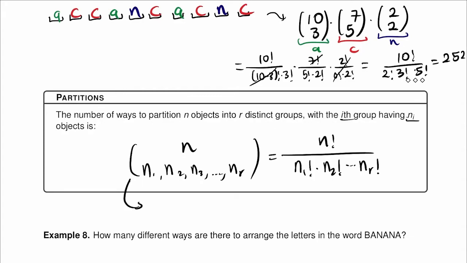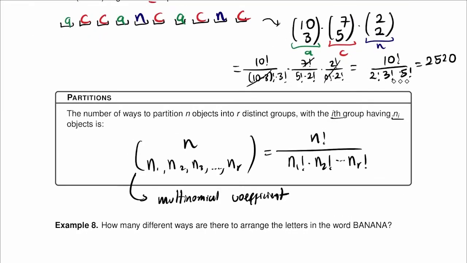This is called the multinomial coefficient. So this formula is actually the same as this one.